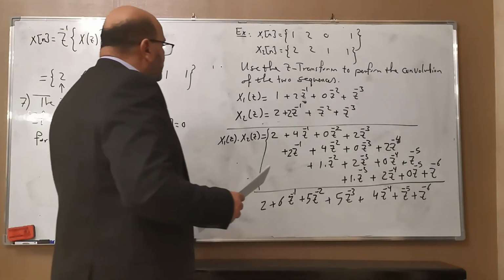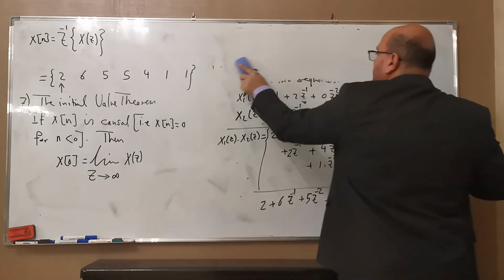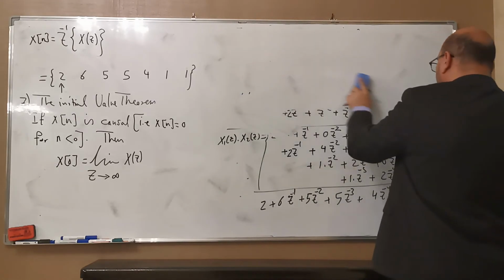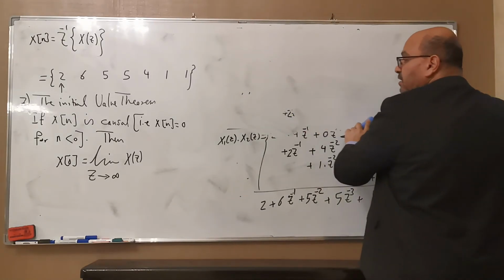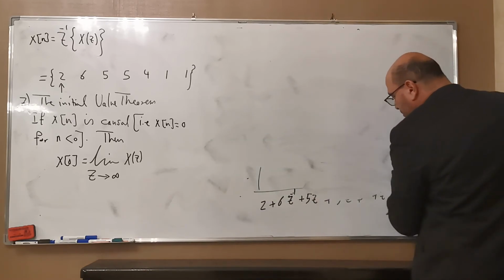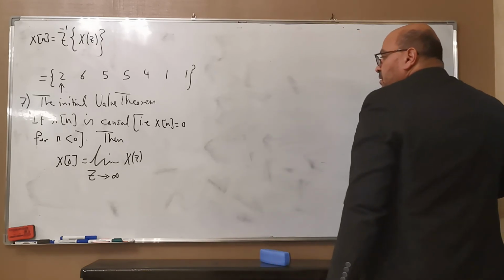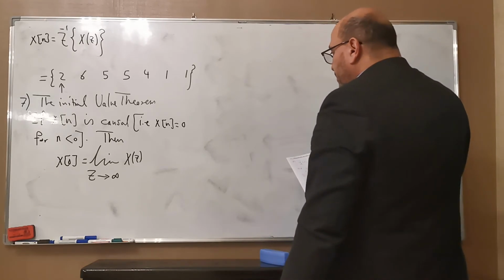Okay? What does that mean? It means that, first of all, there is a condition for the initial value theorem, which is that x of n should be a causal sequence, so it starts from n equals 0 and above.